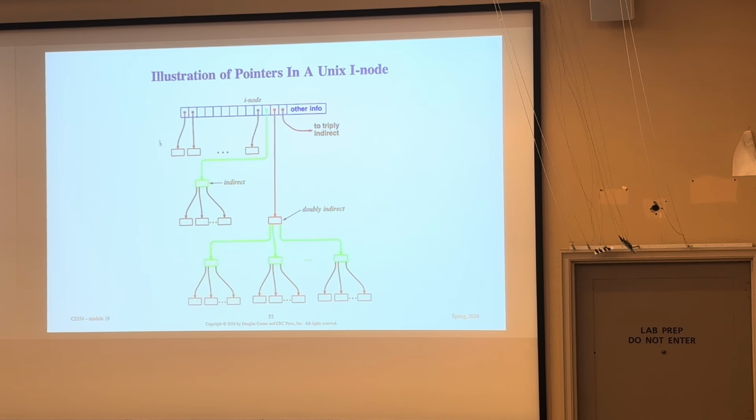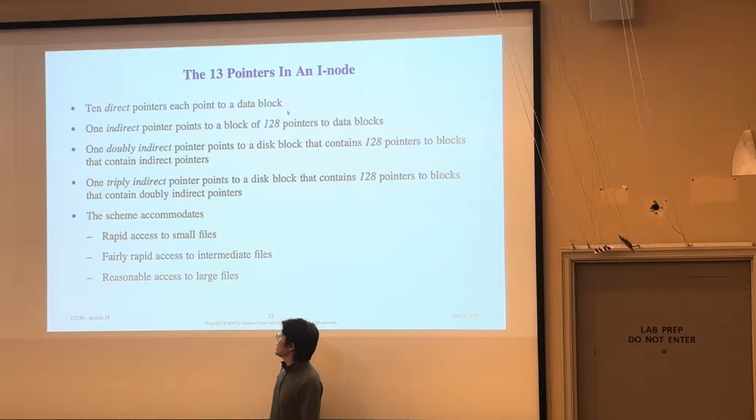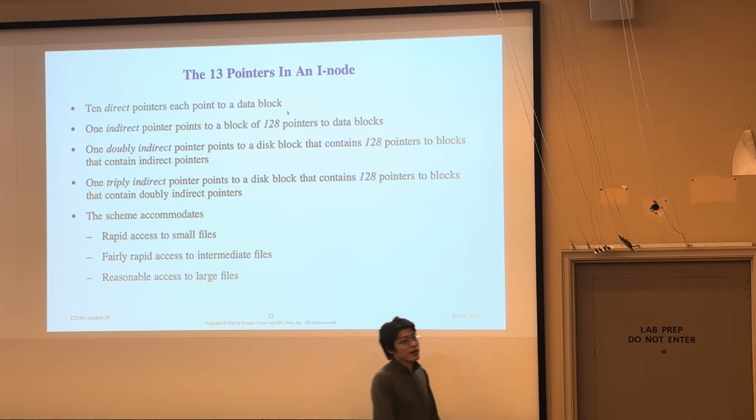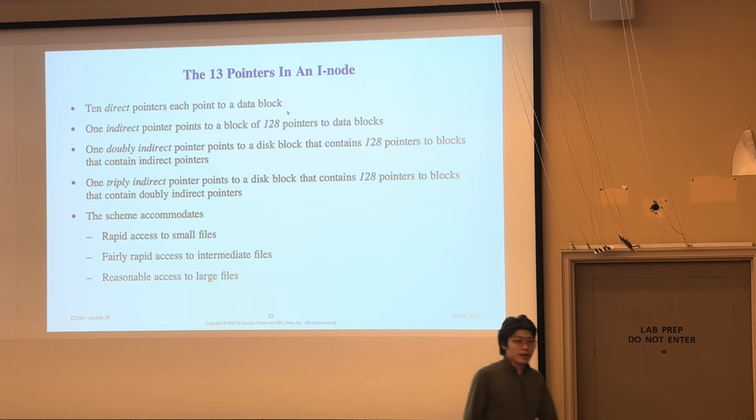If the file is very small, you don't need to go through any level of indirection. For a small file, all of these blocks can be stored in those direct blocks. And for medium-sized files, you can have fairly rapid access, because you only have one level of indirection, probably, and for large file size, you have a slower speed.